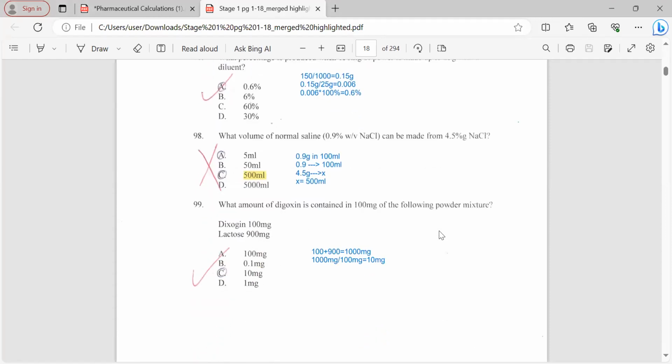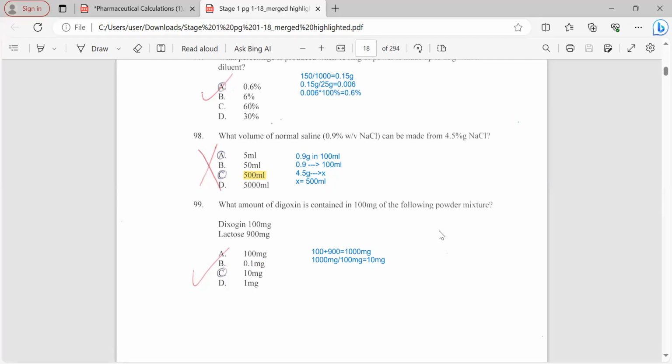Yeah, then the next one is asking what volume of normal saline, 0.9% weight by volume. So they're giving us the concentration in weight by volume. This basically means 0.9 grams of normal saline in 100 ml of solution.